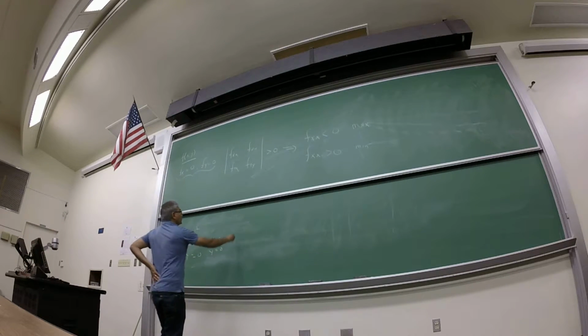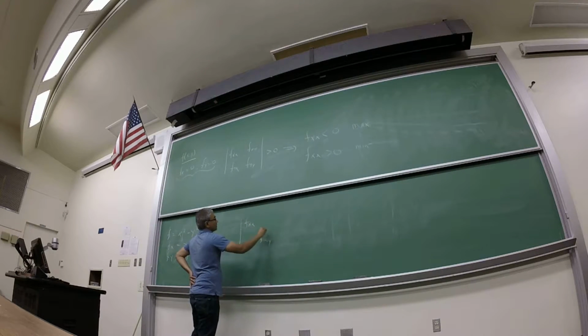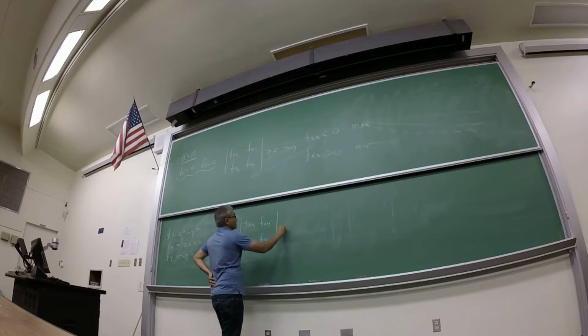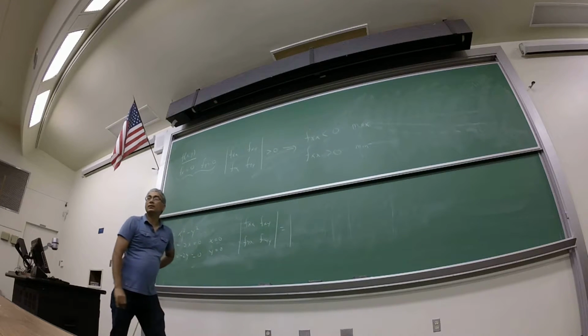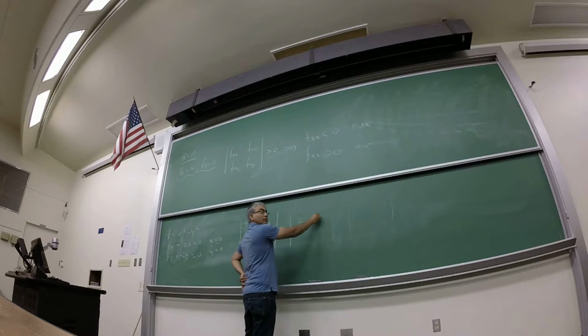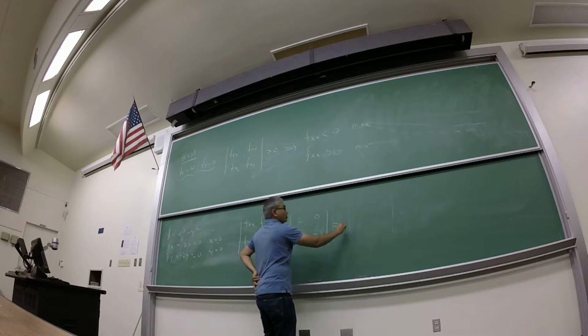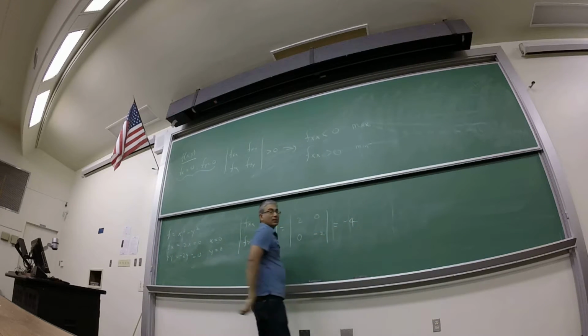But this determinant of fxx, fxy, fyx, fyy equals, what is fxx? 2. fxy, 0. 0. fyy, minus 2. This equals negative 4.